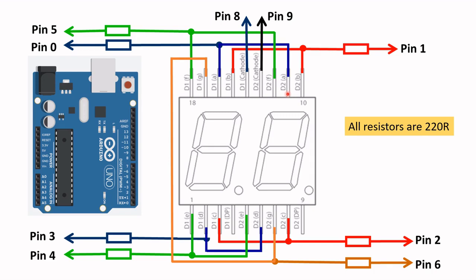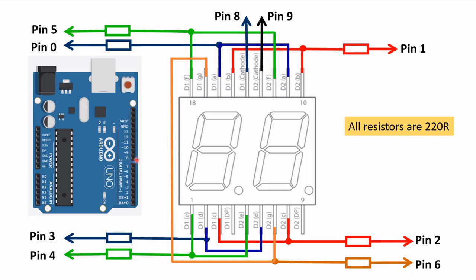And let's take a second one. This is segment A, D2. So you need to connect it to segment A of D1, and then take it to a 220 ohm resistor, and connect it to pin 0, which is this one here. And these two here, the cathodes, are taken to pin 8 and pin 9 of the Arduino Uno.